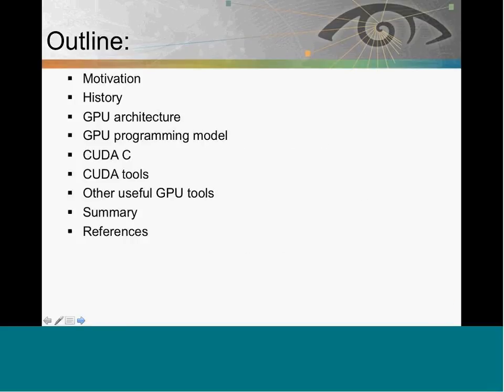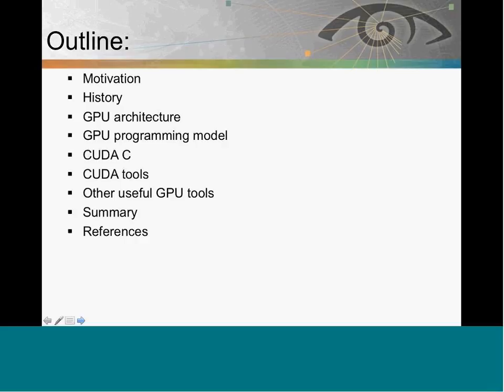Let's start with the outline. I'm going to introduce the motivation behind designing the GPU hardware, why we came up with this rather than the CPU. A little bit of history about the GPU and how it evolved. And then I will talk about GPU architecture, specifically NVIDIA GPU architecture.